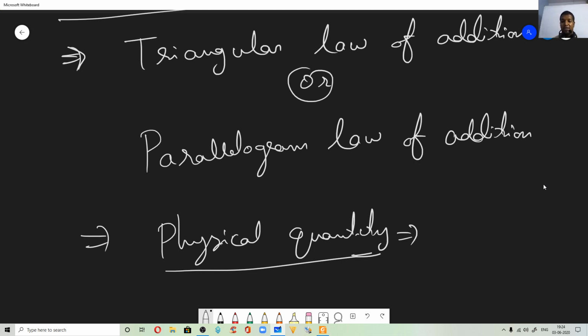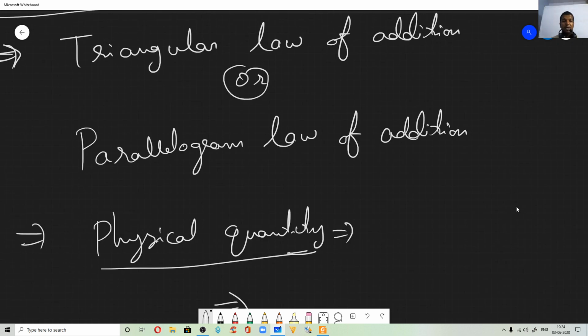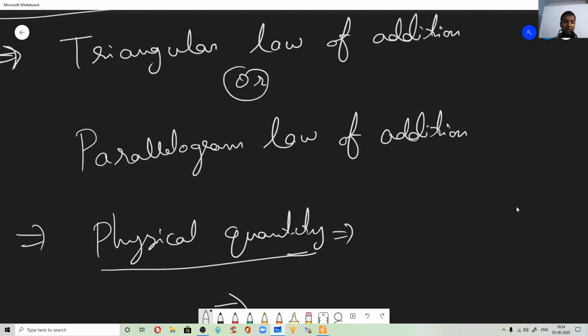Now, how can you classify any physical quantity as a vector quantity? If you want to say that a physical quantity is a vector quantity, it must compulsorily obey this triangular law of addition.